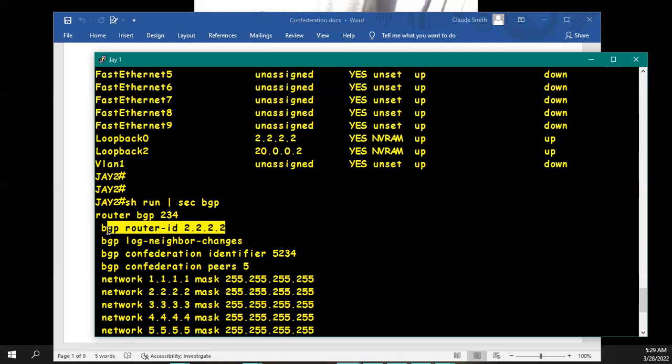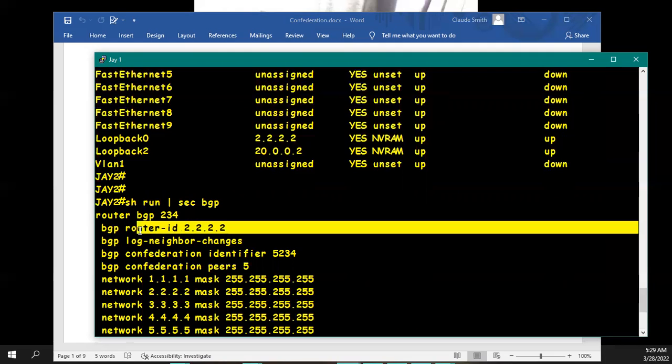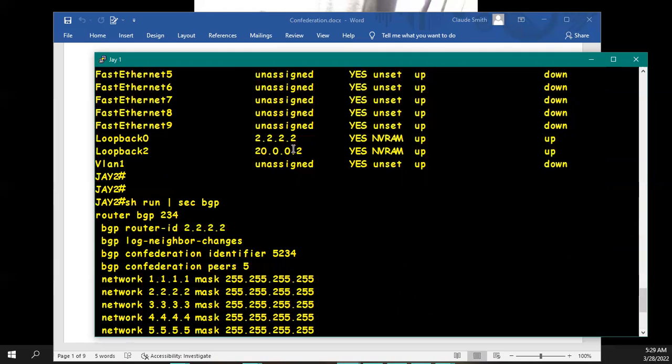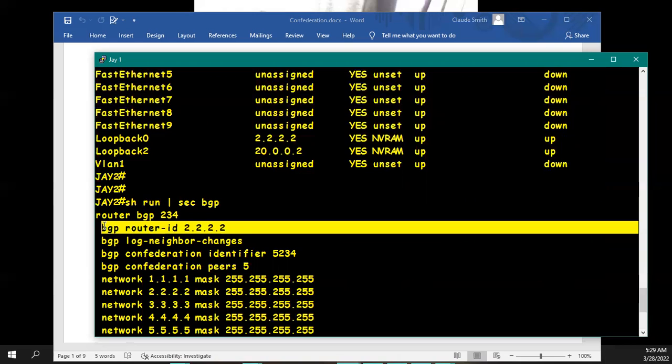Now you know your rules as far as router ID is concerned, so you know this was manually configured, because we definitely have another loopback that has a higher IP address, which it would have taken the ID of that address itself. So we know this here is manually configured.